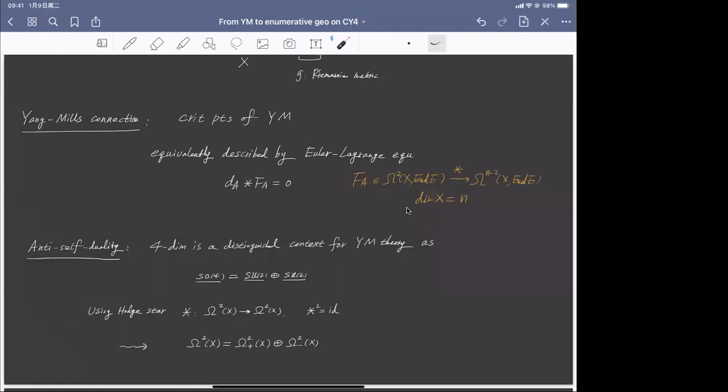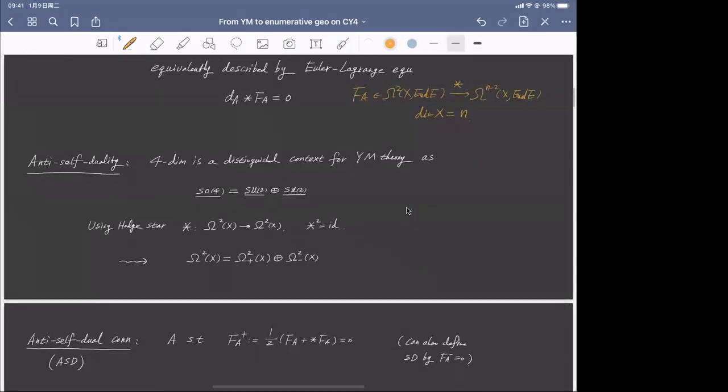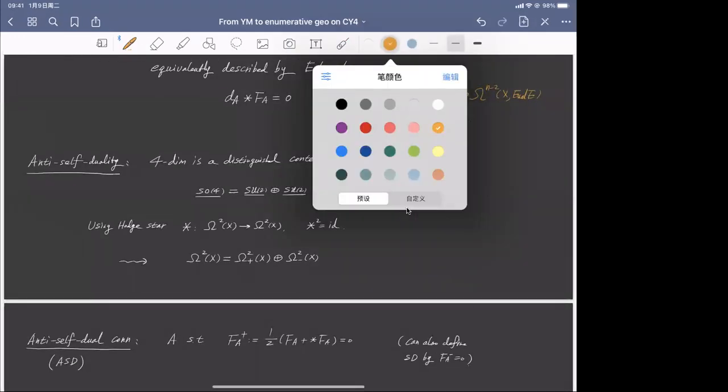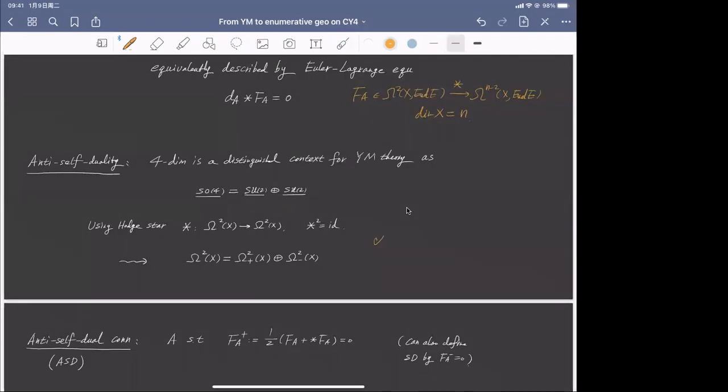So here I write Omega^2(X) as the sum of Omega^2_+(X) and Omega^2_-(X). The elements alpha belonging to Omega^2_+ are, by definition, those with star alpha equals alpha, and alpha belonging to Omega^2_- is the same as star alpha equals minus alpha.